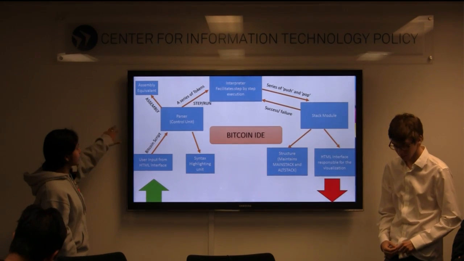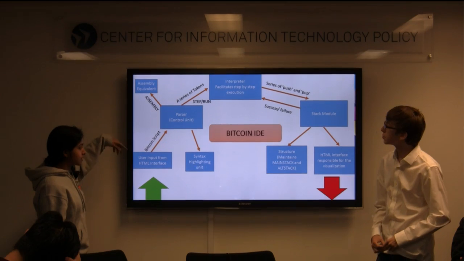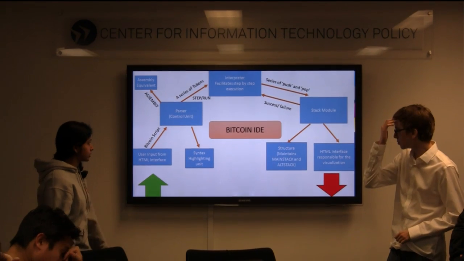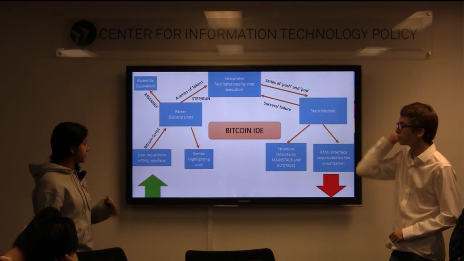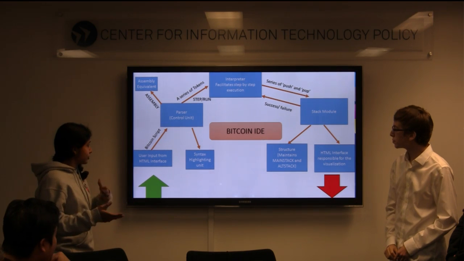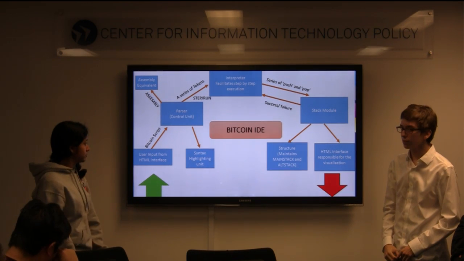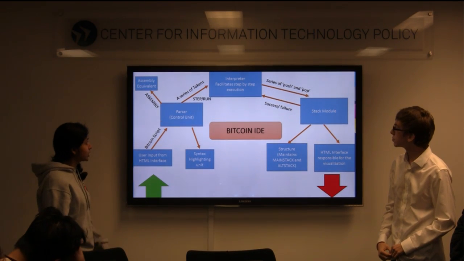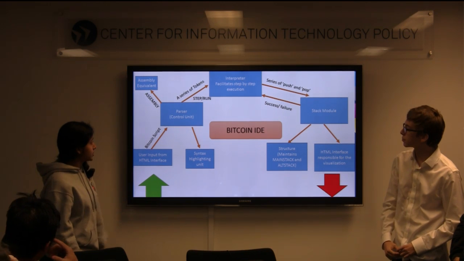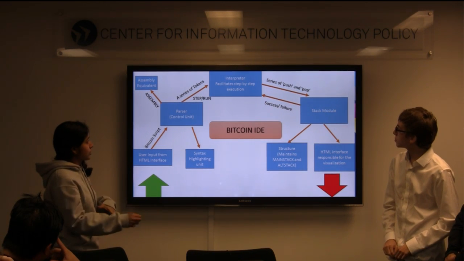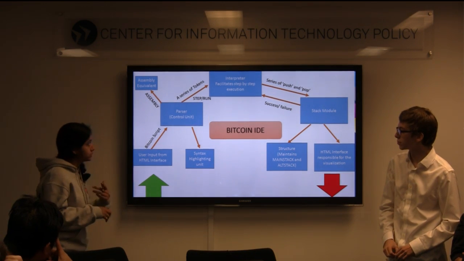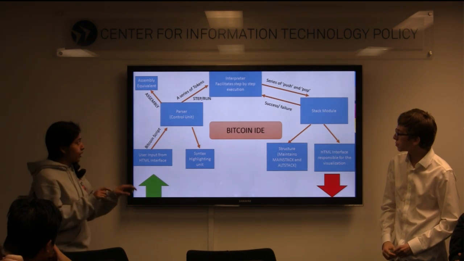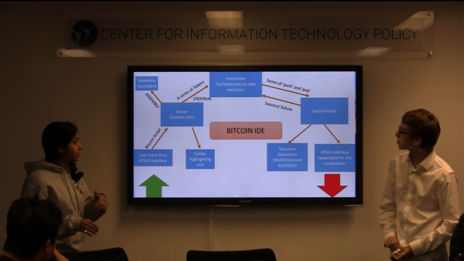If you want assembly, those tokens are converted into assembly. The syntax highlighting unit also uses those tokens, identifies which kind of token it is, and colors it appropriately. The interpreter takes each of those tokens and uses a step method to facilitate one operation at a time.